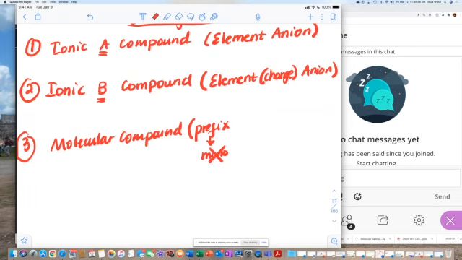So if you feel like it looks like a molecular compound, but the first prefix is left out, that just means that first prefix was mono. Prefix, element, prefix, anion. Okay? So you may have 3 or 4 parts to the name, and if you do, that is most likely a molecular compound.